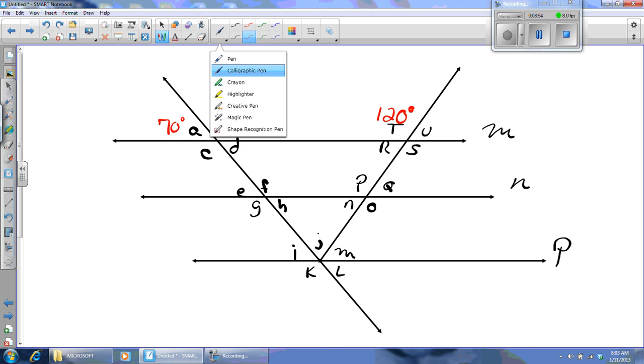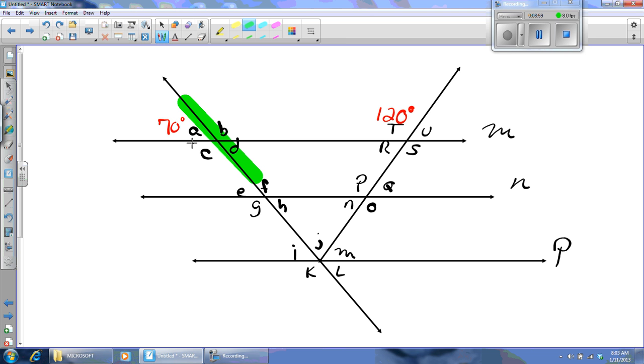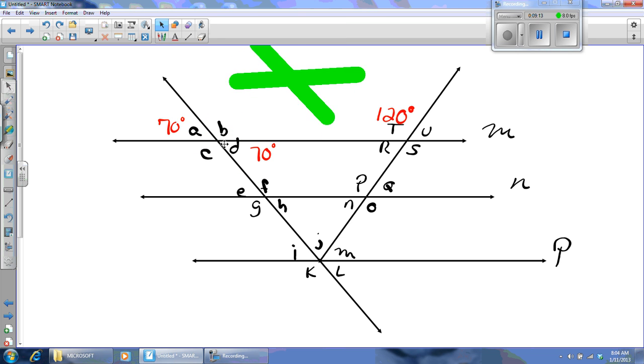Well, first of all, I'm going to go with angle D, and look at that, I have an X there. That means I have vertical angles. So angle D must equal 70 degrees. It must be the same as angle A because they're vertical angles.